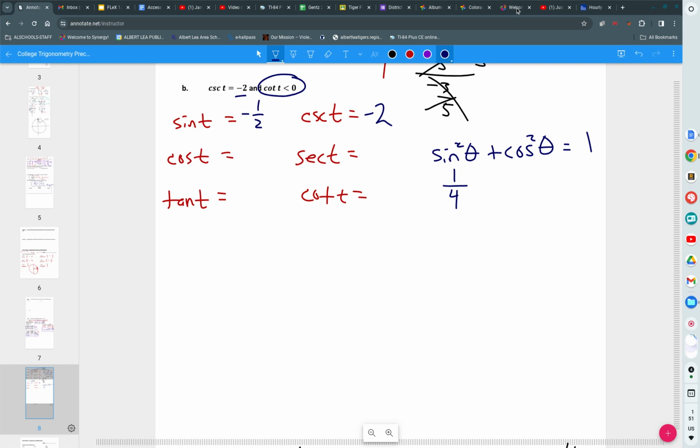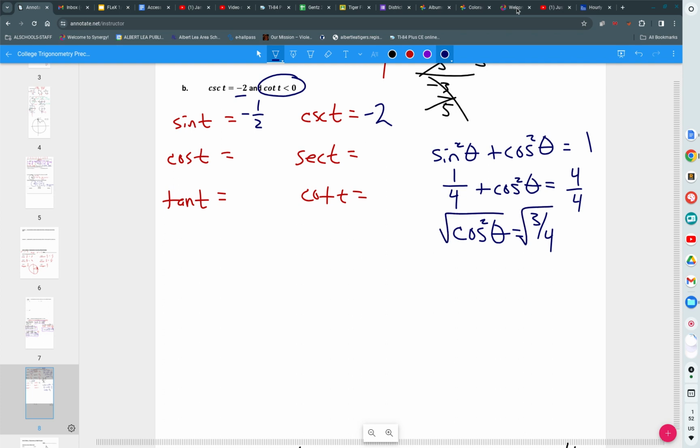It never comes out as a negative. Plus my cosine squared. And instead of 1, I'm going to write 4 over 4. At this point, we could subtract and get cosine squared of theta is equal to 3 over 4.